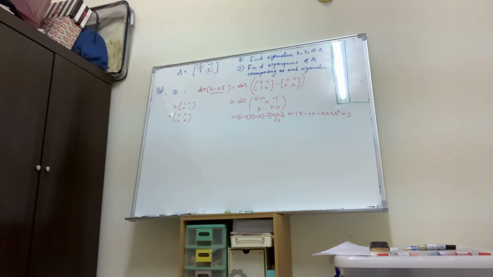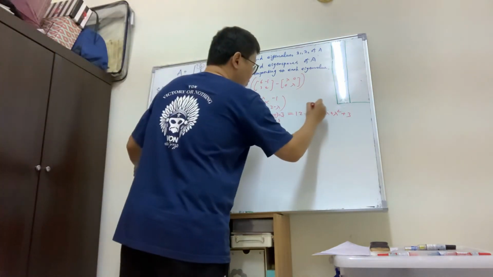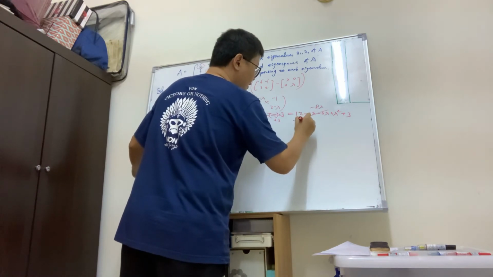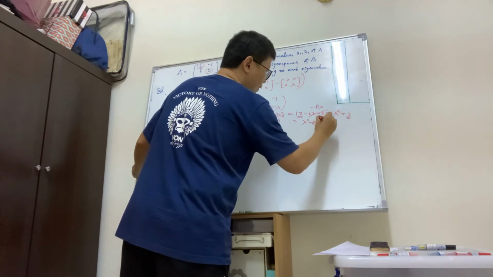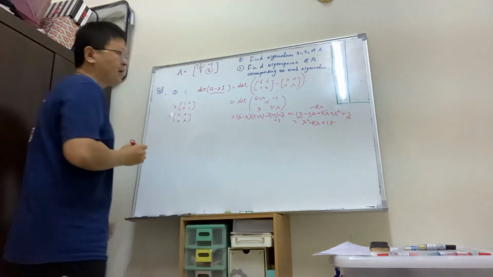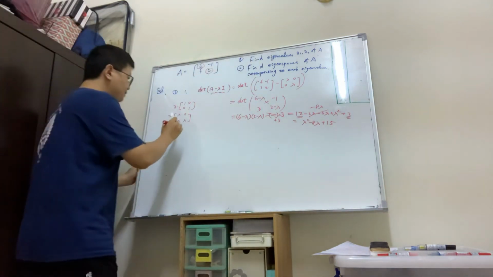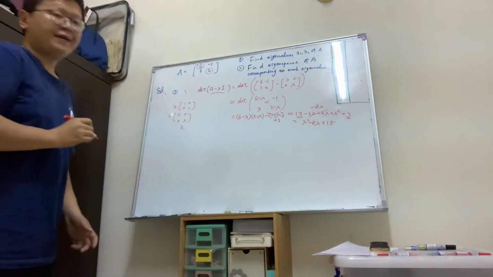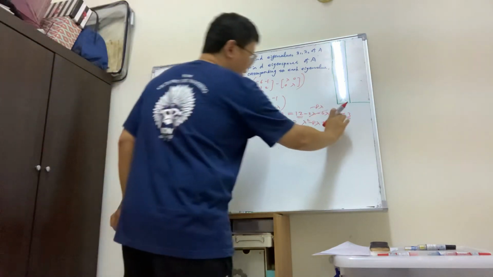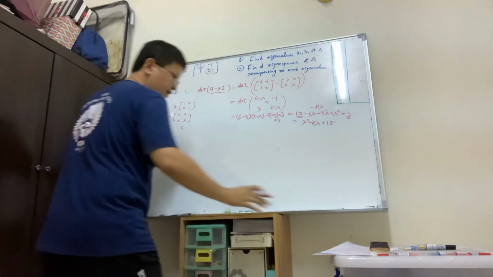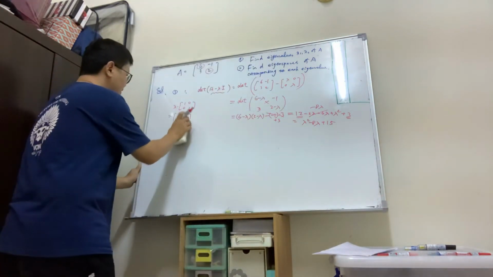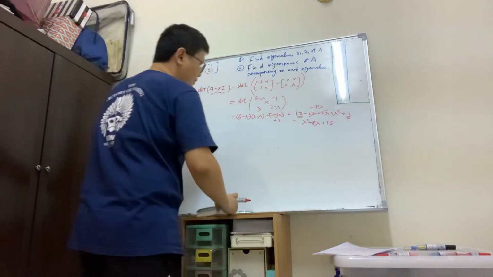And what's this? It's exactly subtract 8 lambda. So it's lambda squared subtract 8 lambda, plus 12 plus 3, so it's plus 15. Of course, you could directly set it to 0 to get its roots. I have already given you the solution, so I think we could skip this step.